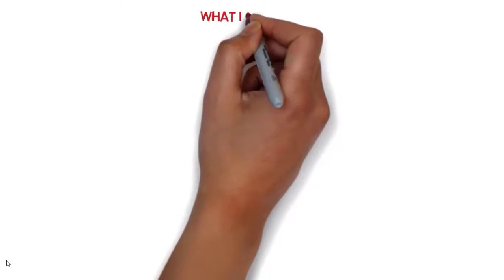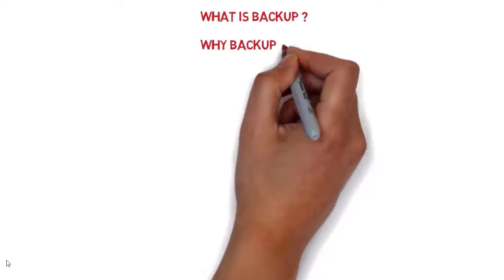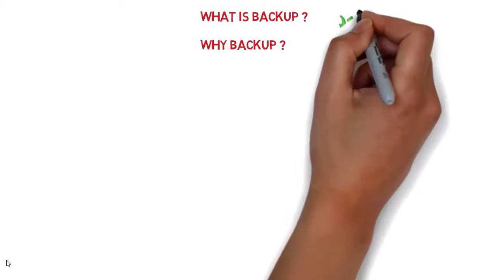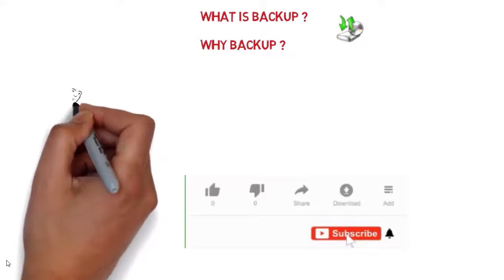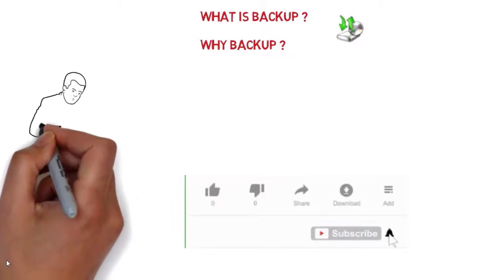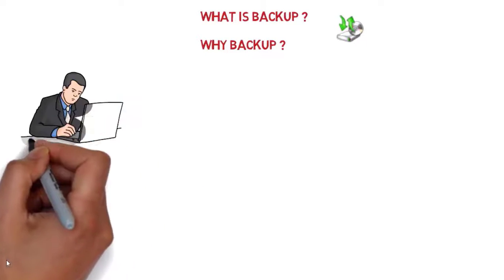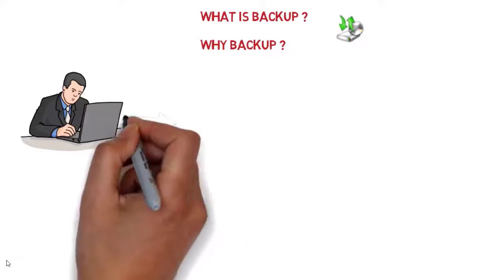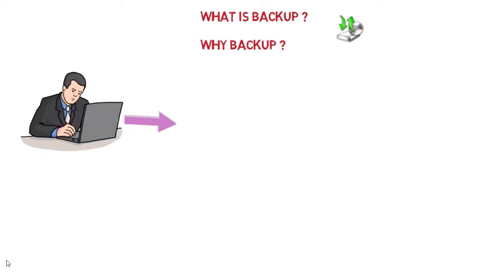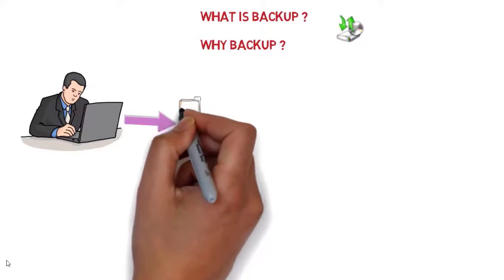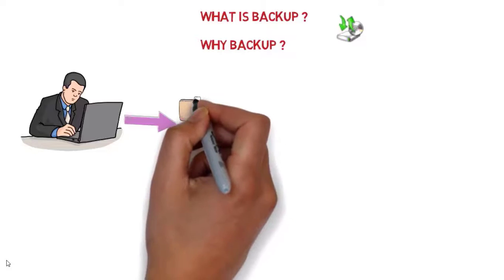So let's start. What is a backup and why use a backup? First understand what a backup is. This tab is showing a Windows operating system logo here. So you are using a computer, any computer, desktop or laptop, and on the computer's hard disks there is a lot of data of different types here.